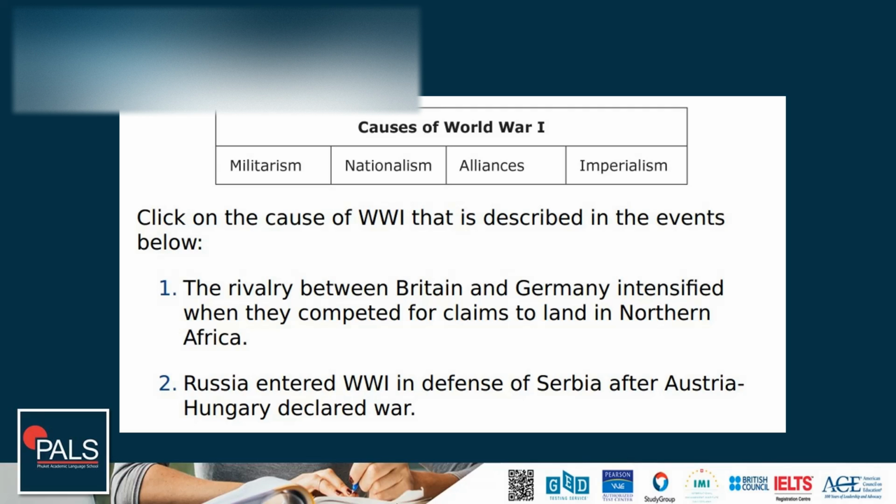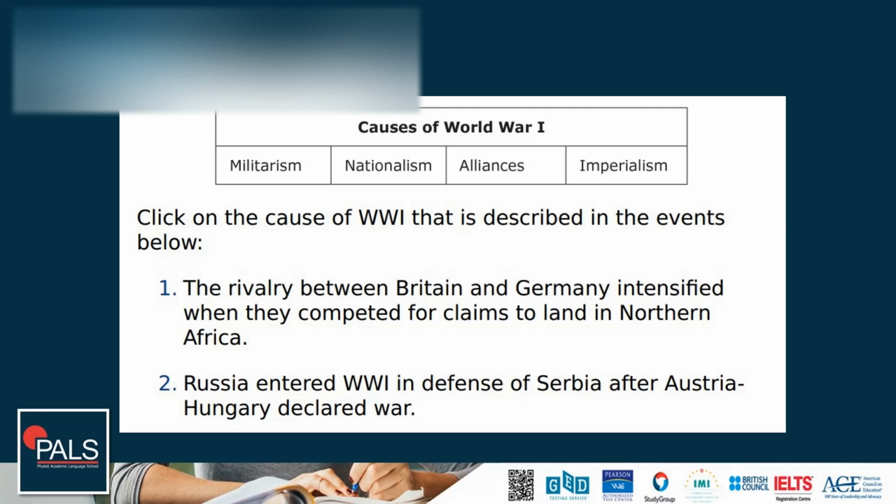Alliances. So, in defense of Serbia, and after Austria-Hungary declared war, imply that there is an alliance, an agreement to defend each other, or defend other nations nearby. And we have the indicator that the cause for this defense was a declaration of war. Alliances so far is looking like a great answer.